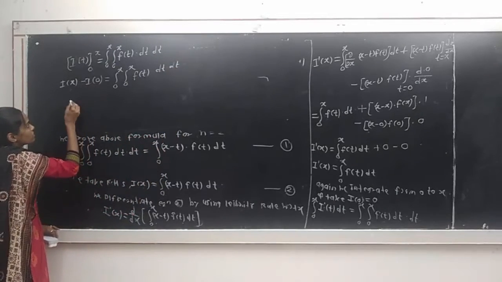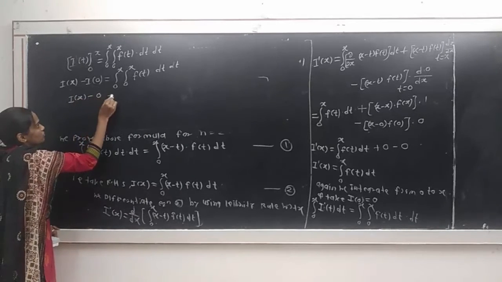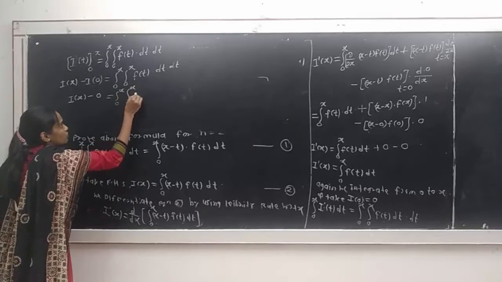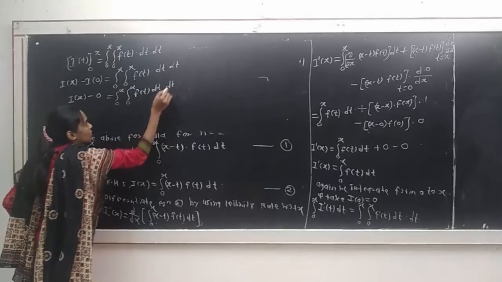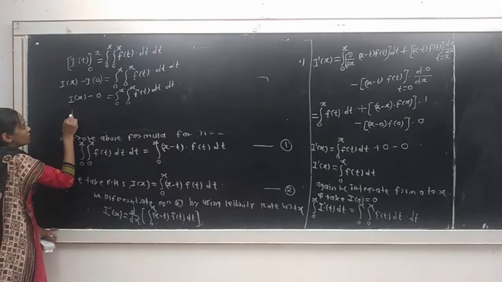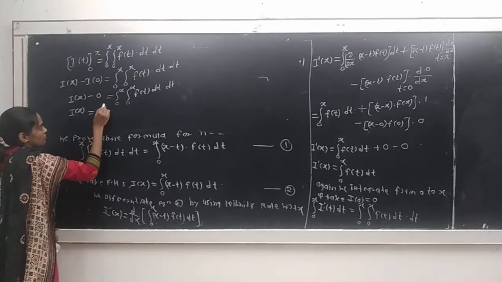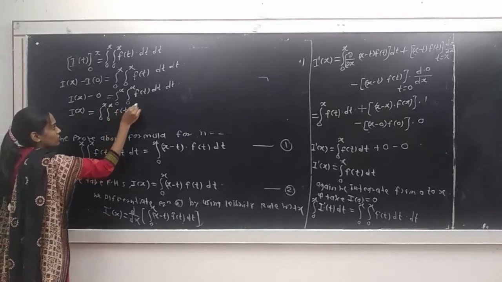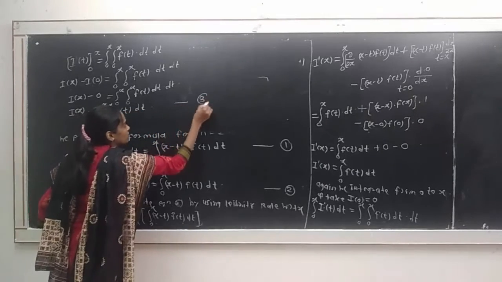I of 0 will be 0, therefore we get here I of x minus 0 is equal to integration from 0 to x, integration from 0 to x f of t dt into dt, or we get here I of x is equal to integration from 0 to x, integration from 0 to x f of t dt. Take it as equation number 3.